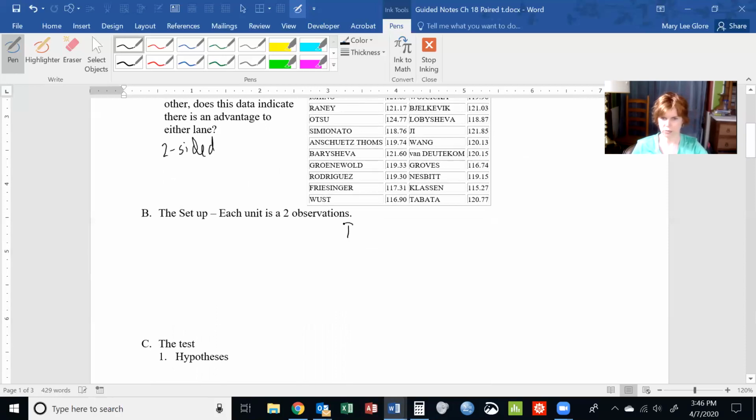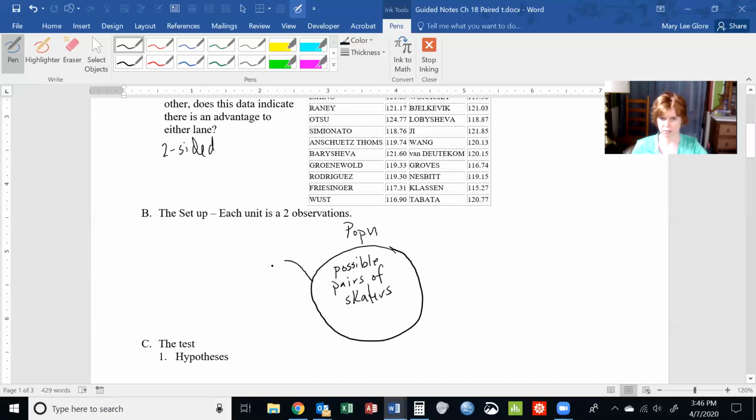Here I have one population, and in it are all the possible pairs. You can think of this as possible pairs of skaters. This is a subset, a sample.